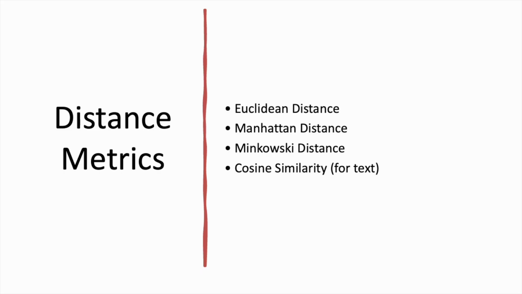Third one is Minkowski distance, a more general form where you can tune how the distance is calculated. And the last one is cosine similarity. Instead of distance, it checks how similar the direction of two vectors is. It is commonly used for text data or document classification. Remember, the right distance metric depends on your data set and the problem type.